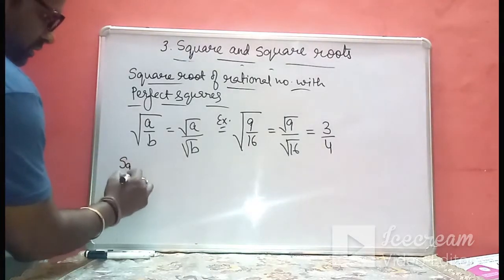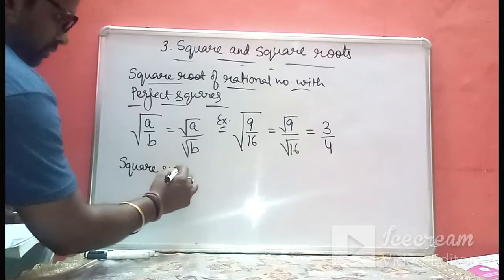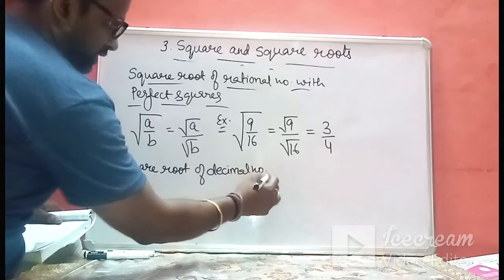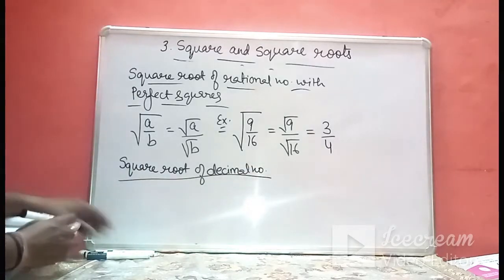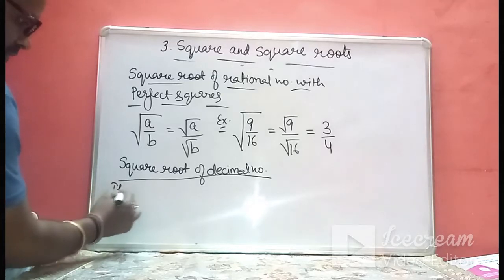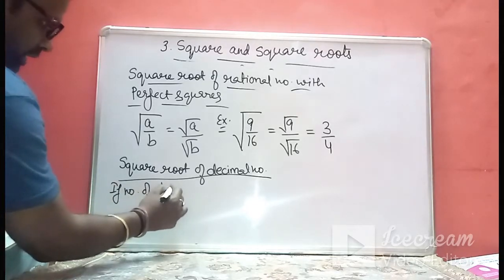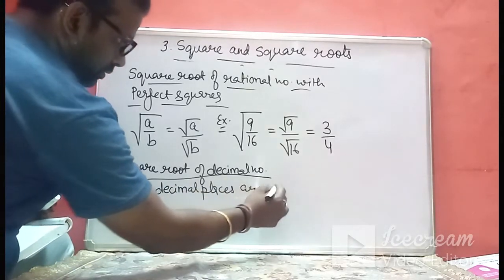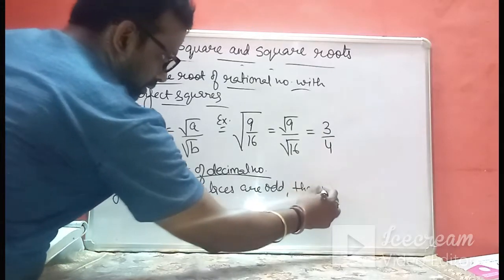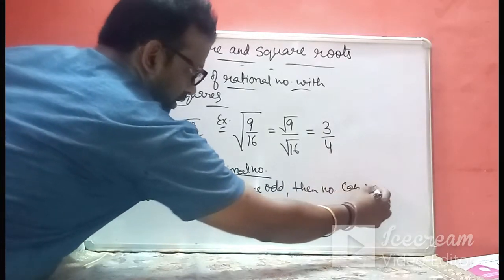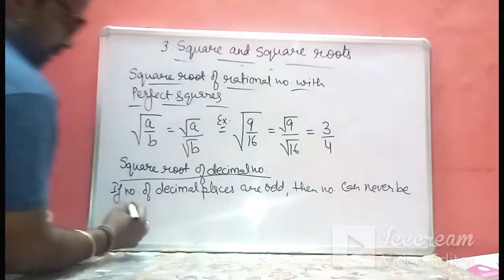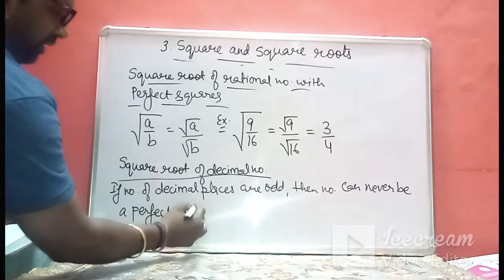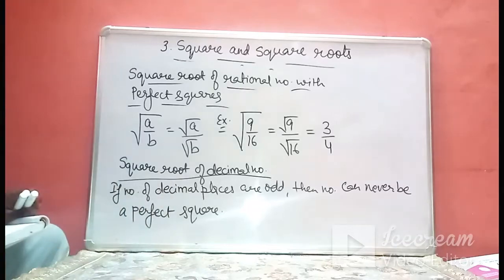Then next is the square root of decimal numbers. Regarding the square root of decimal numbers, if the number of decimal places is odd, then that number can never be a perfect square.